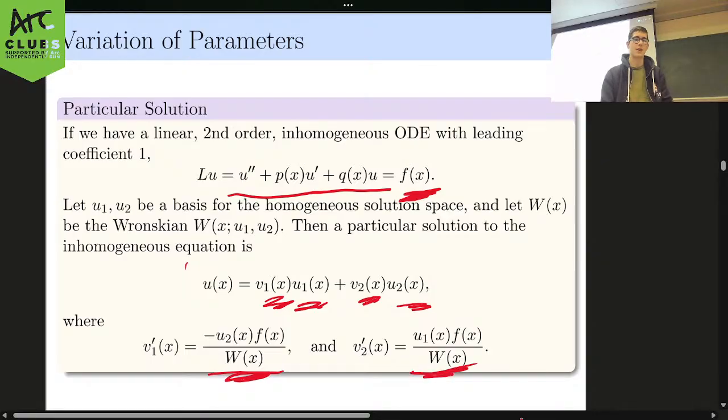So you'd have them related by the Wronskian on the bottom, our function f, and these two u1 and u2, and it turns out quite nicely that p and q aren't even involved here.